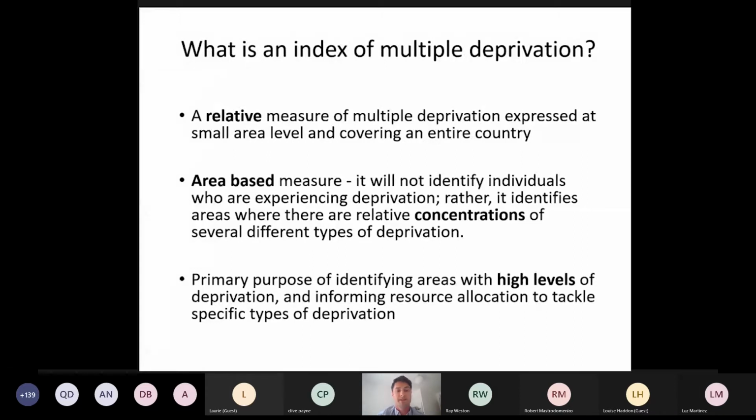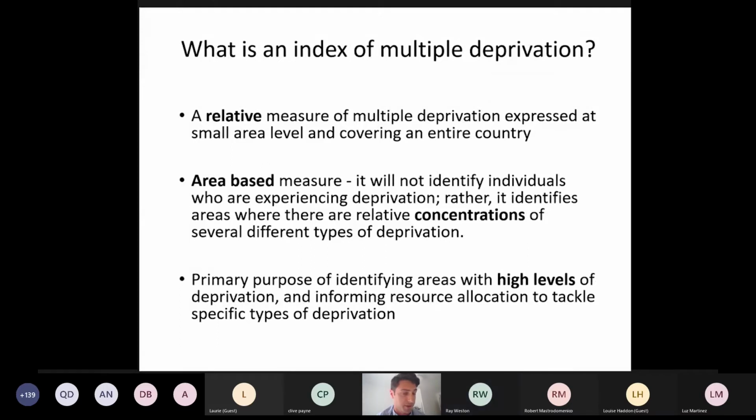And its primary purpose is for identifying areas of high levels of deprivation and informing resource allocation to tackle specific types of deprivation. Again, a bit more on that and some key examples Nia will talk through, but also some of the other presenters will talk a bit more about those as well later on in the session.